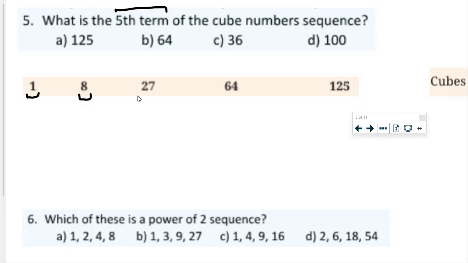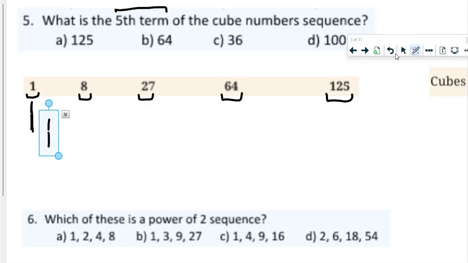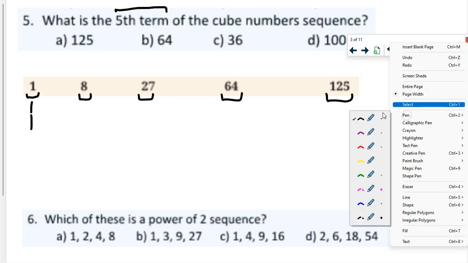Second cube number is 8. Third cube number is 27. Fourth cube number is 64. Fifth cube number is 125. But my concern is, how do we get the first cube number? I repeat, how do we get the first cube number? Everybody pay attention.